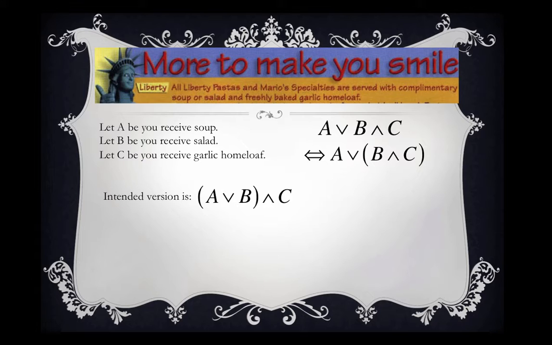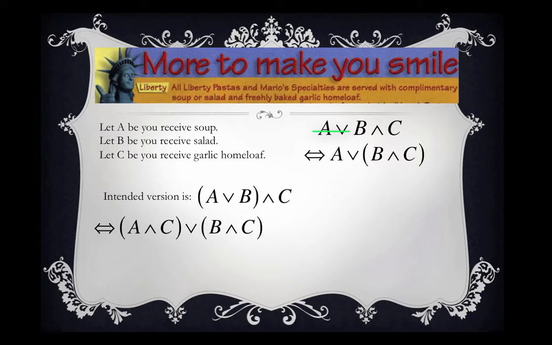Of course, the intended version is (A or B) and C. After working there for 5 years, or if you've ever been there, what they really mean is that you either get soup or salad, and no matter which one you choose, you get garlic loaf. However, you can see that the intended version and the version it actually is are not equivalent at all.